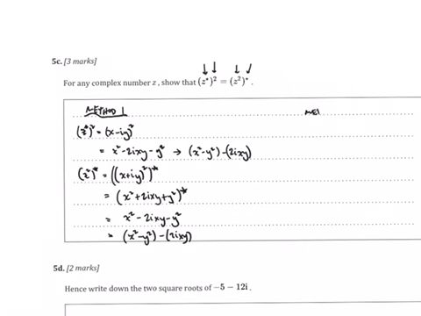Method 2, if z equals r e to the i theta, and z star, its complex conjugate, is r e to the negative i theta, okay, then z squared would equal r squared e to the i 2 theta.